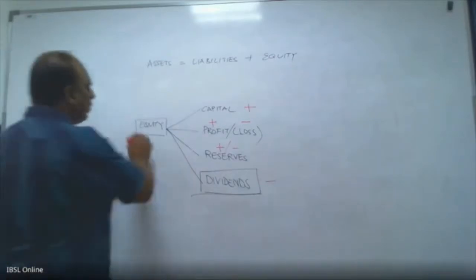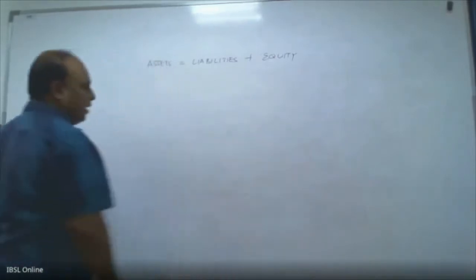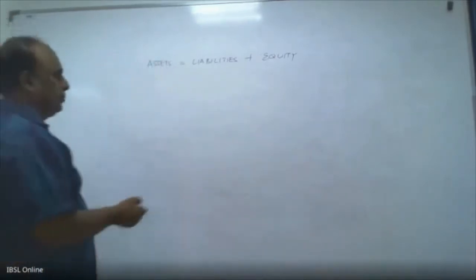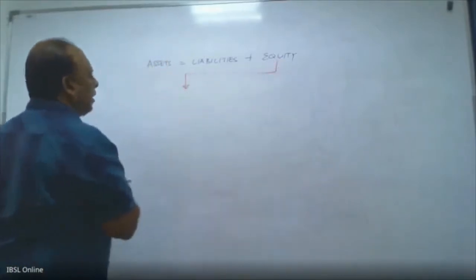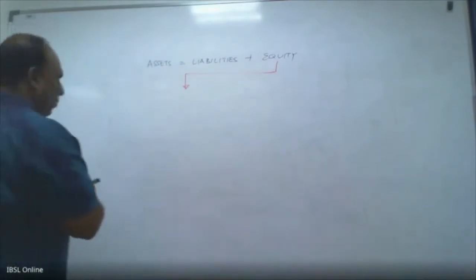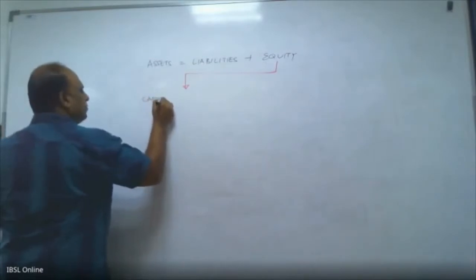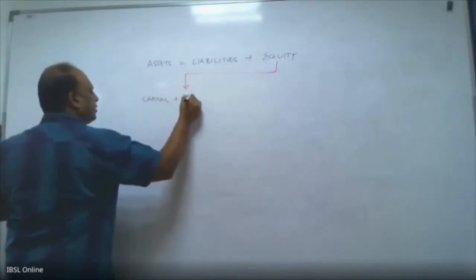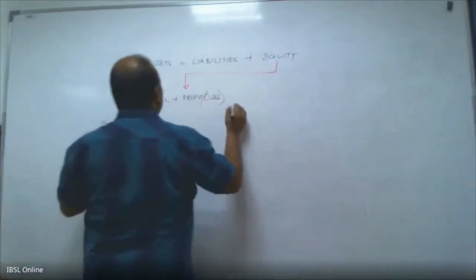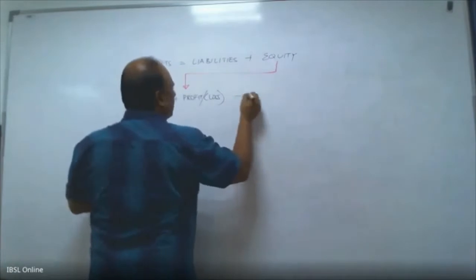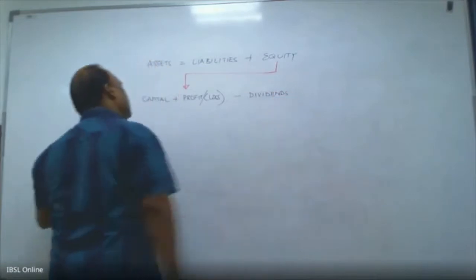So what I am going to do now is take this equity component and write it like capital plus profit or loss, right? And let's keep it very simple. It will be dividends.